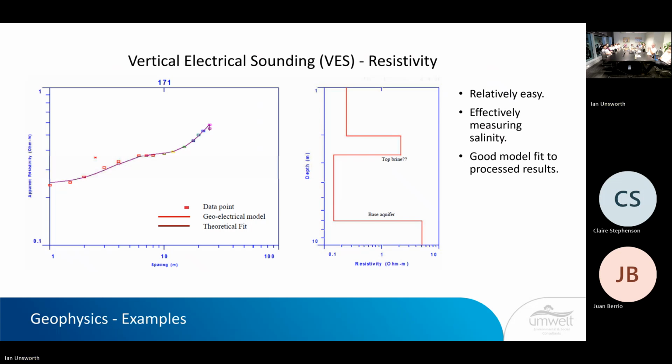So is that the top of the brine? Not entirely sure. The crew who were doing this were augering down and actually taking a brine sample in some instances, so I don't have that data. I don't know how well that correlates.